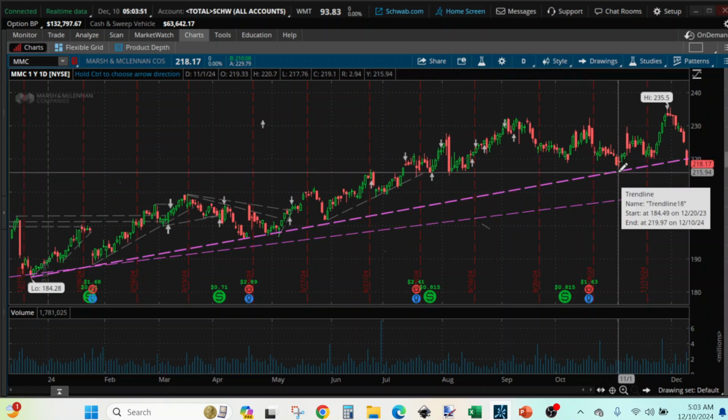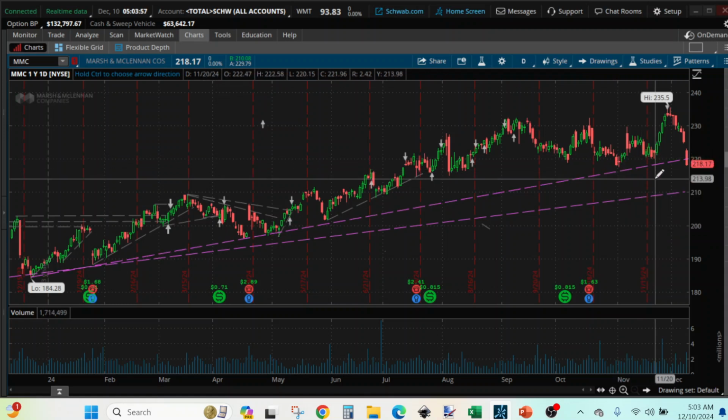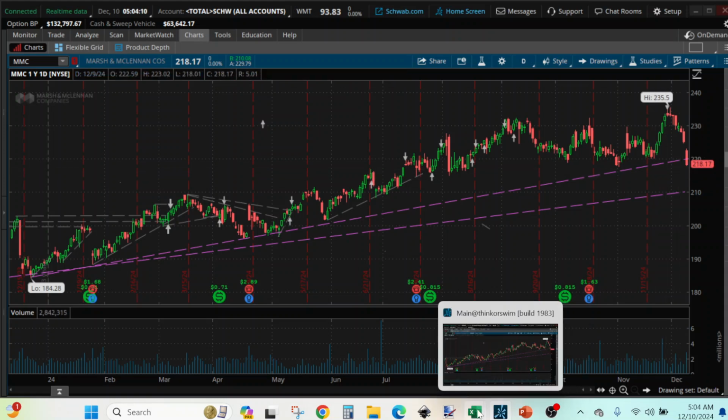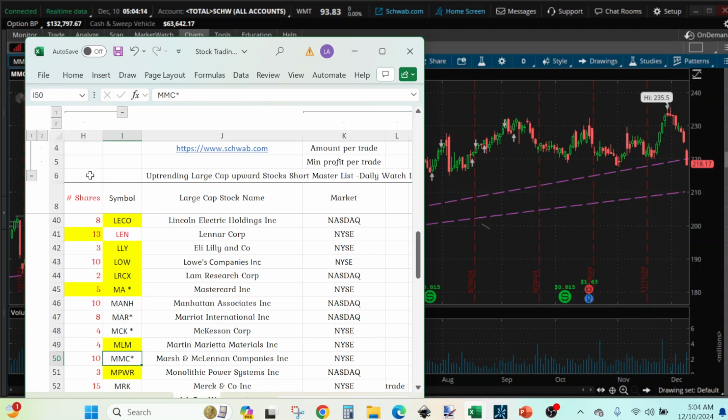We want it to pull back, use the line as a support and start going up, and we get in. So let's make it red on our list, and see how it's going to do today.